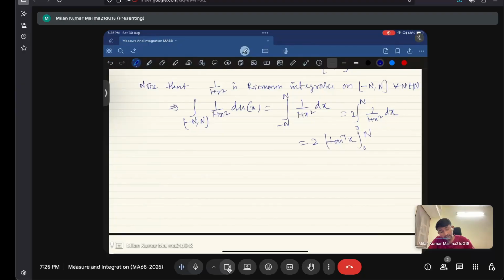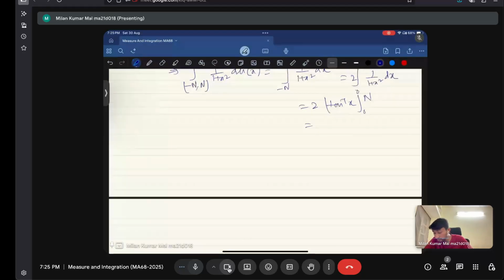Tan inverse 0 is 0, so 2 times tan inverse n, right?